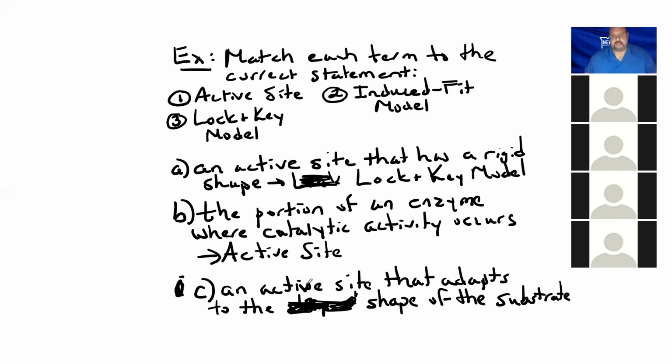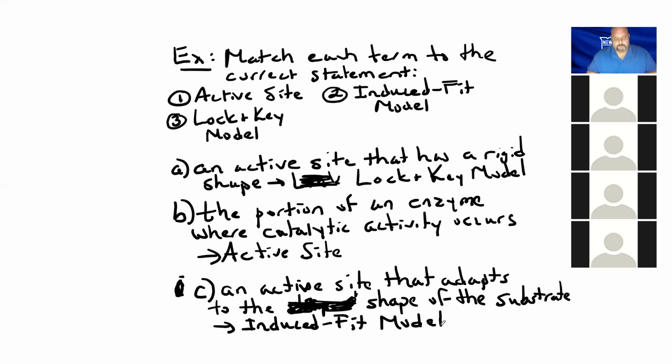And whereas the lock and key model describes the active site on the enzyme as having a rigid, non-flexible shape, the induced fit model, which is our answer to letter C, describes the active site as being able to slightly adjust its shape to better fit or match that of the substrate.